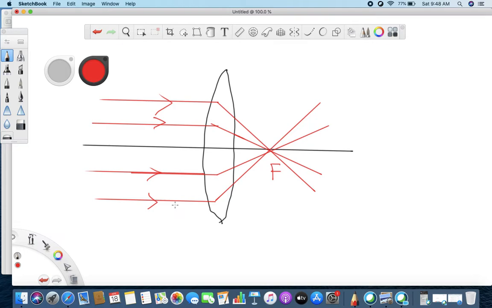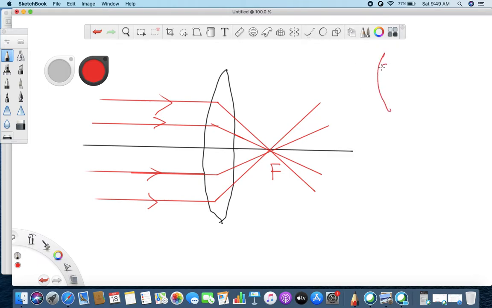Okay, principal focus. So do you think it has only one principal focus? Because the lens does not have a right side or a left side or a reflecting side. If you try to see your magnifying glass, that is your convex lens, if you see from the left side, still you can see. If you see from the right side, still you can see. So here there will be two principal focus.